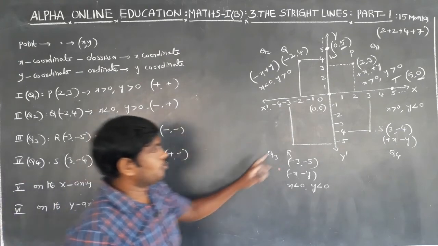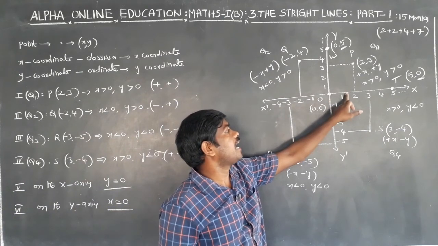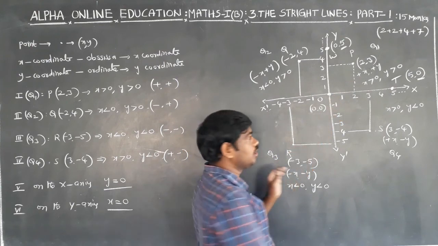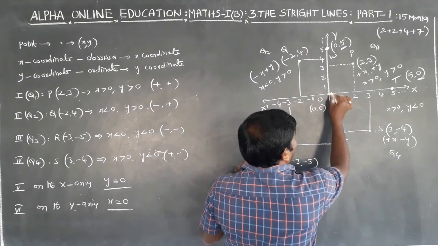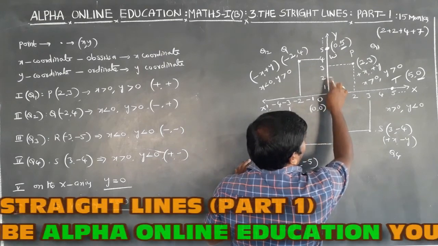Here the point of intersection of the coordinate axes can be taken as (0, 0). The two lines start here, meaning x value 0, y value 0.